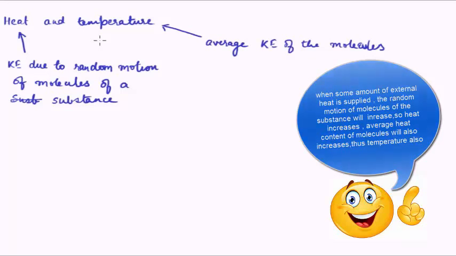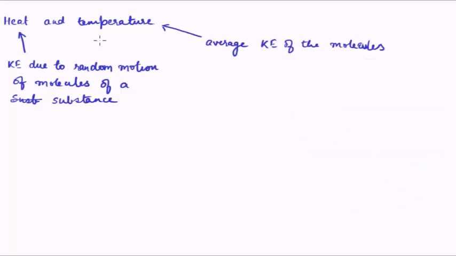Now suppose that we have two bodies which are placed together. Let's say this is a body and this is another body. Now if this is T1 and this is T2, where T1 and T2 are the temperatures of the bodies, not the heat content, the temperature.